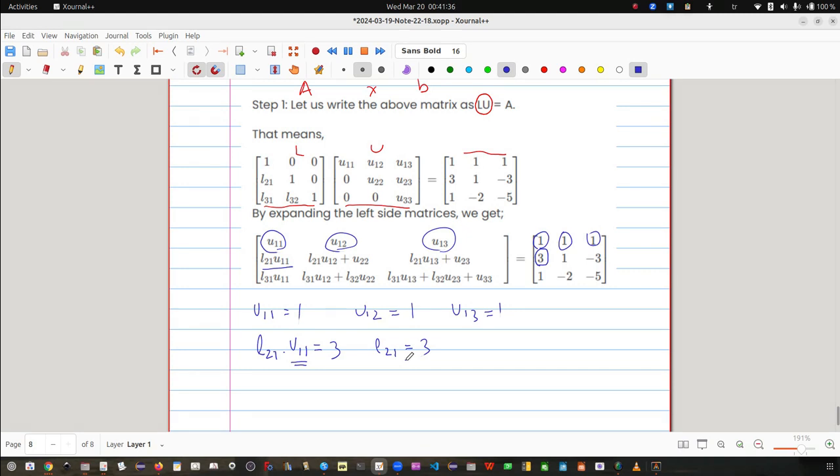And from there, we go here. We say L21 times U12 plus U22 is equal to 1. L21 is already 3. U12 is 1. U22 can be written as 1 minus 3, which is equal to minus 2.